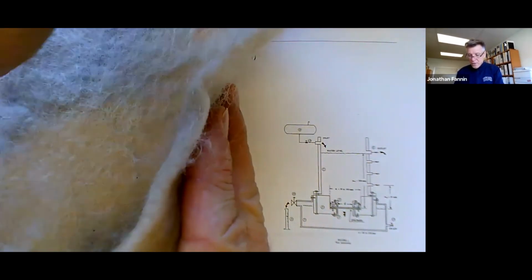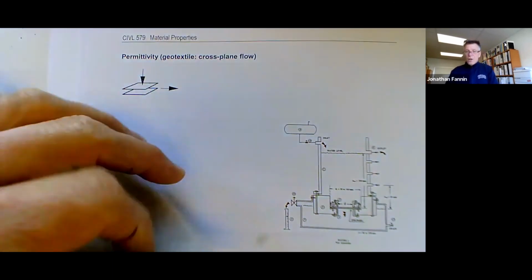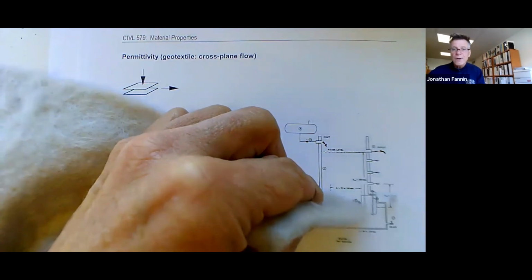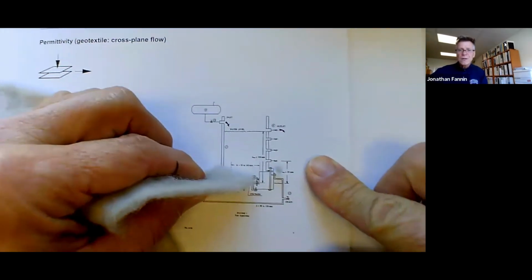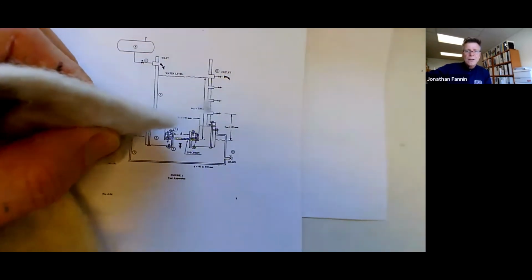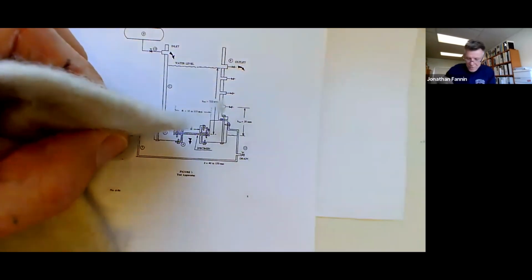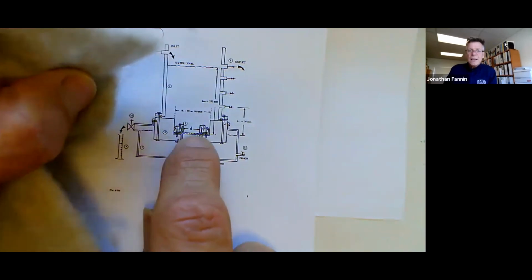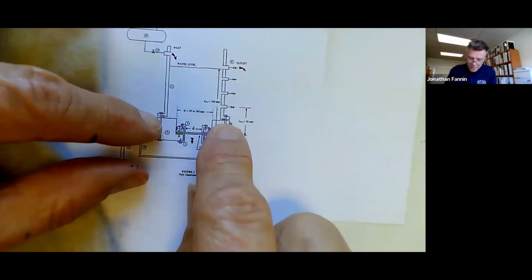And for that, we're going to take the geotextile and put it in a test device. Let me just move this here. It's front and center. Let's bring this in a little bit closer. There we go. We're going to put the test specimen, which is the geotextile, in a rigid wall permeameter.